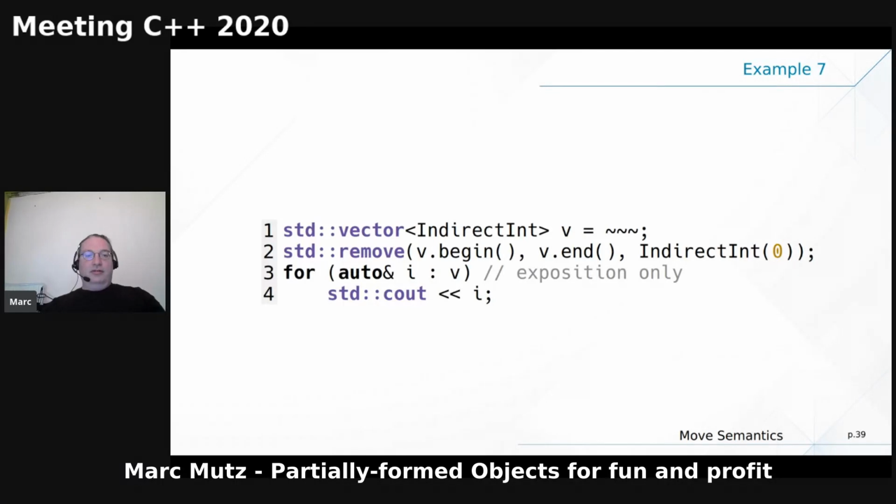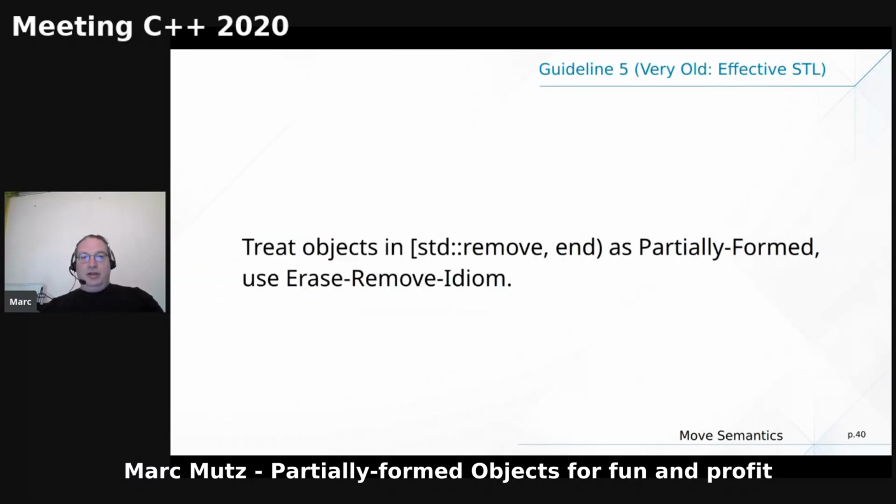And so looping over it and streaming is no longer safe, right? Because this was a crash. But this was possible in C++98, though it was already frowned upon. Very old guideline from Effective STL from 2001: treat objects in the range from that returned from standard remove to the end as partially formed. Use the erase-remove idiom.